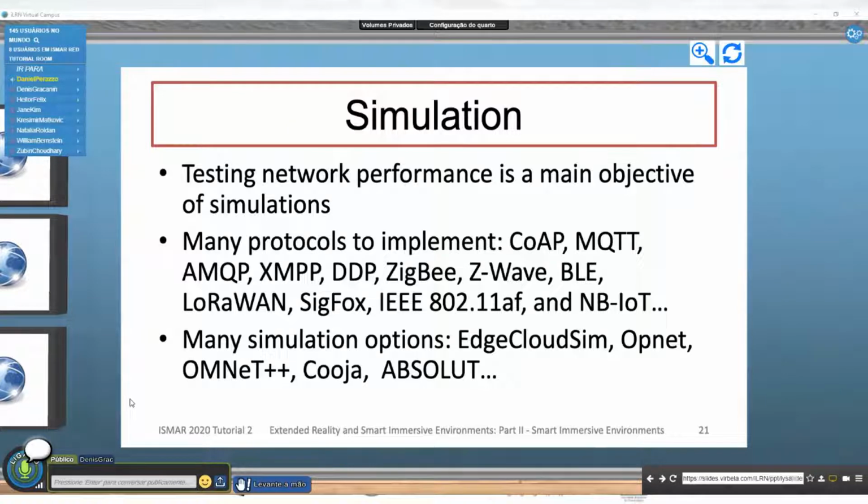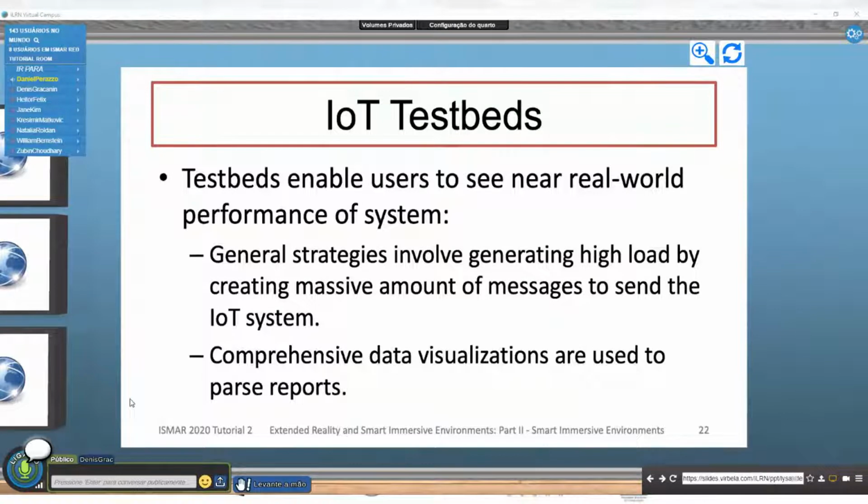So now that we went from hardware and software aspects to how we model that in real time, and then how we simulate the larger system, we actually have IoT testers that allow users to see the real-world performance of the system.